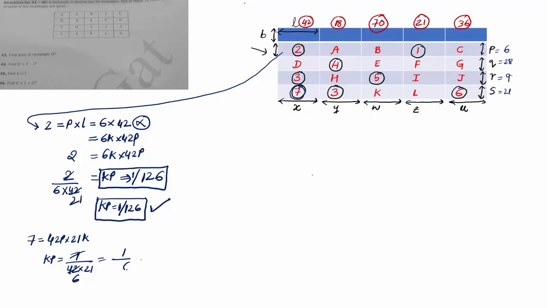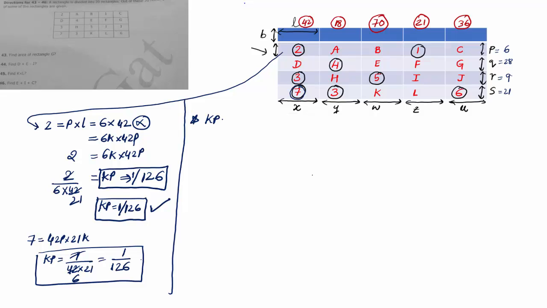This would again become 126. So if somebody is asking what is the value of a rectangle part, we can directly use the value of kp, right? Kp is 1 by 126, and this is the funda of ratios which helped us to calculate kp, right?